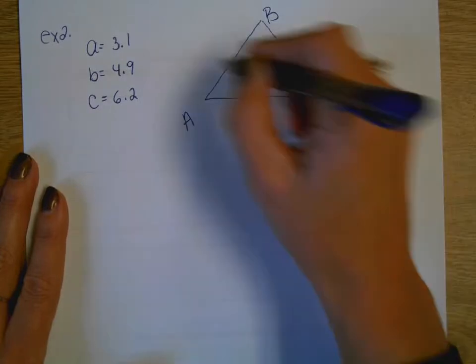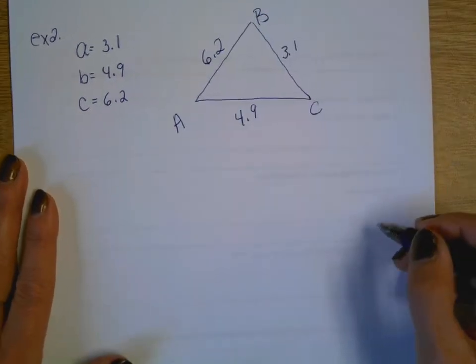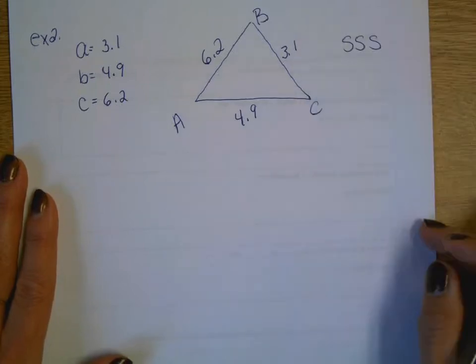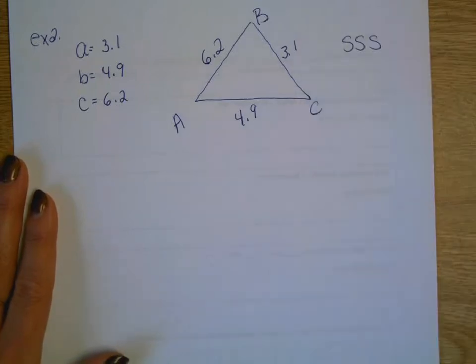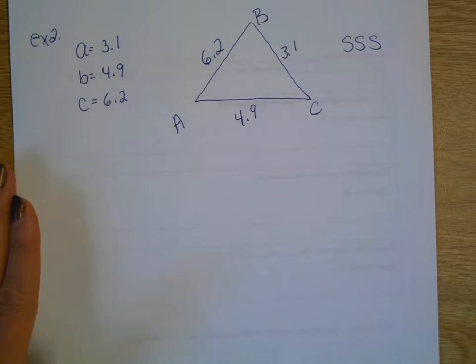Everybody knows how to label the triangles and getting everything in the right spots? So this is obviously side, side, side. Now again, once we find our first angle, we will be able to set up law of sines. If not, we can just continue to use law of cosines.